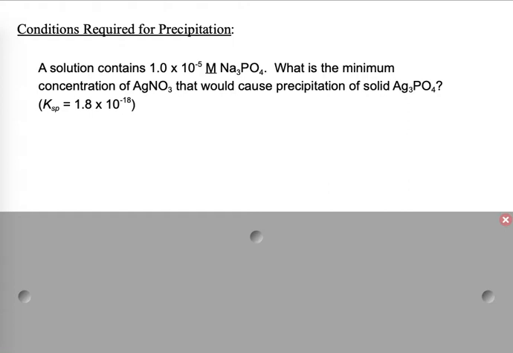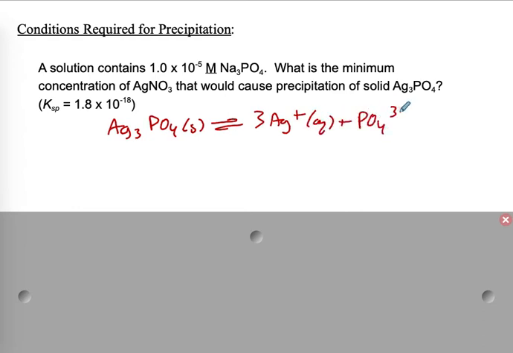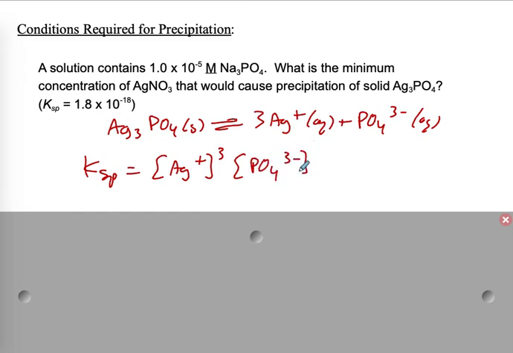Okay, so we have a solution that contains one of the ions present in the precipitate, and I want to know what's the smallest amount of the other ion I need to add for precipitation to occur, i.e. for the equilibrium condition to be satisfied. Well, let's begin by writing out the equation for the dissolution and dissociation of silver 1 phosphate. My KSP expression is the concentration of silver 1 to the 3rd power times the concentration of phosphate.